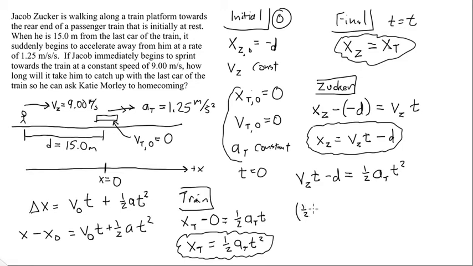If you don't remember the quadratic formula, you better pull out the old Algebra 2 book, or the old Algebra 2 notes, or whatever, and learn it. So 1/2 a_t times t squared, and then we're going to have a minus v_z times t, plus d is all going to equal 0.